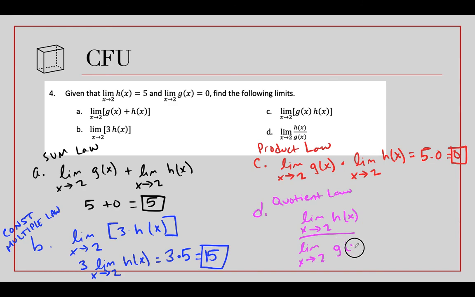G of x over h of x, it's going to be 5 divided by 0, which I don't quite like, but it is going to give us an answer. So we know that this is undefined. Whenever I have a number over 0, that's undefined. So not the answer we want.